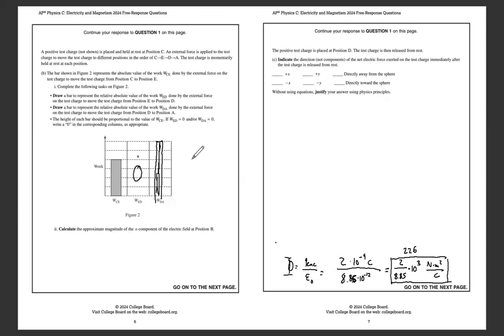Okay, so we're given our picture on the previous page. To calculate the approximate magnitude of the electric field at position B, I think all we really have to do is just use the equation that relates that to potential. On your equation sheet, you're told that E is equal to negative dV/dx. But since we don't have V as a function of x here, I think we're just going to have to instead treat this as negative change in potential over change in x.